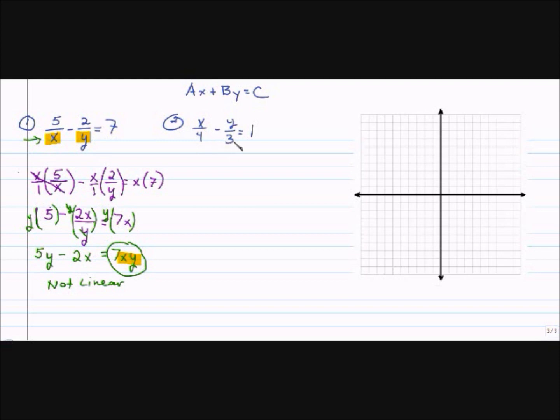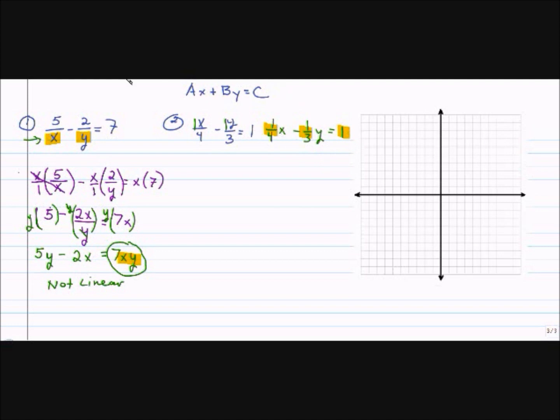Now, the easy way to do it is to say 1/4, because technically this is a 1 here. 1/4 x minus, remember this is a 1 here, 1/3 y equals 1. And when we look at it that way, the 1/4 is your coefficient for x, and it's positive. Your 1/3 is the coefficient for the y, and then you have your c, which is all alone.